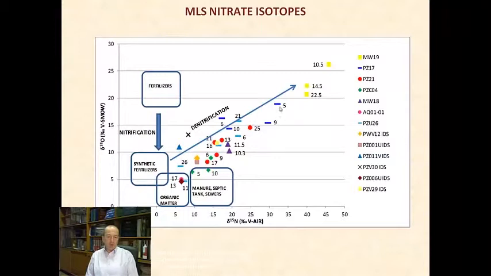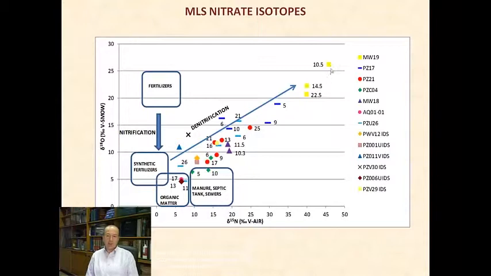By the multi-level samplings, we clearly identify a couple of possible sources of nitrogen in the aquifer. One is related to manure, septic tanks, which could be related to the sewage system, of course. And the other one is related to the area of the synthetic fertilizer. And both of them are clearly affected by denitrification.